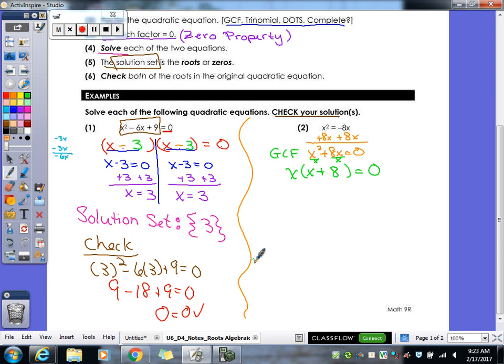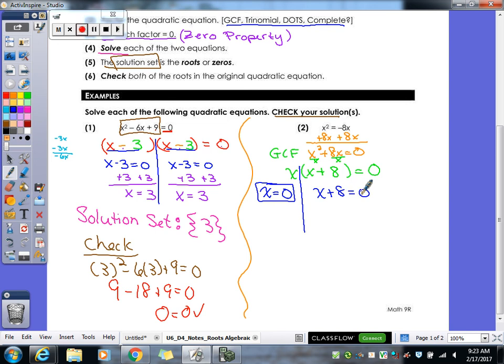So now we still do like what we did in our last one. I'm still going to draw a line down in between my two factors. x is a factor, so x equals 0. That's going to be one of my answers. So then I set the other side also equal to 0.